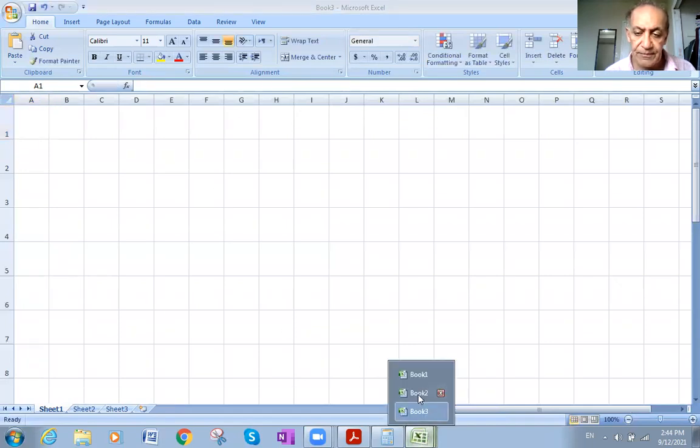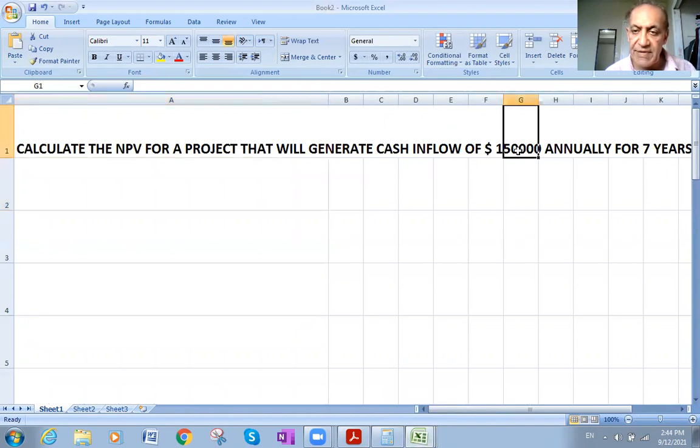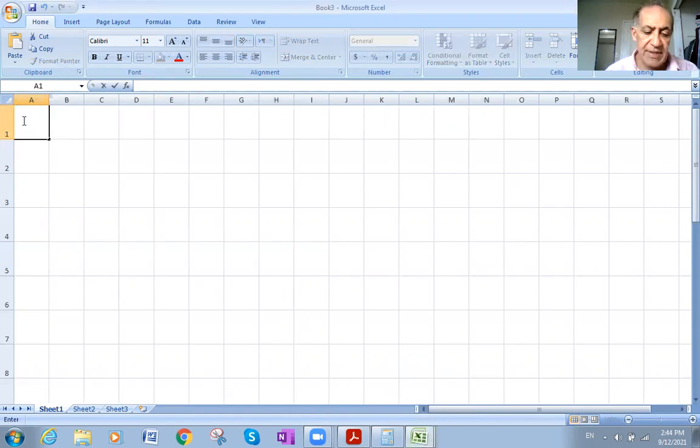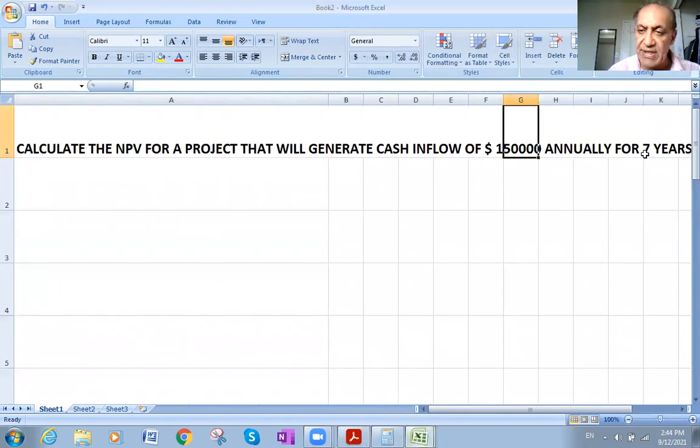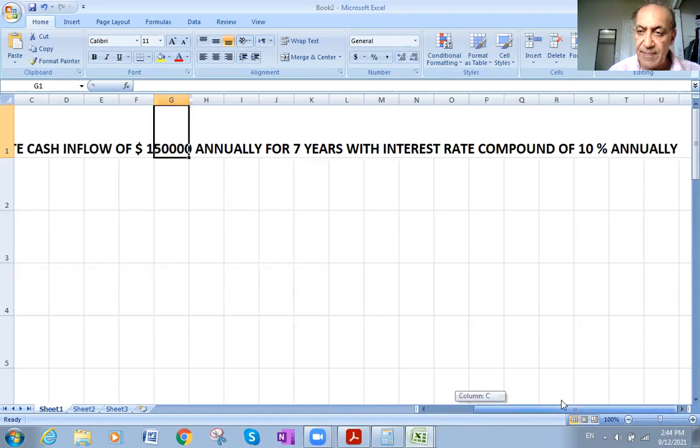You will go on book 3, put 150,000 like this, and repeat it for 7 years. You have the interest rate of 10% annually, and you use the built-in net present value function to calculate these amounts.